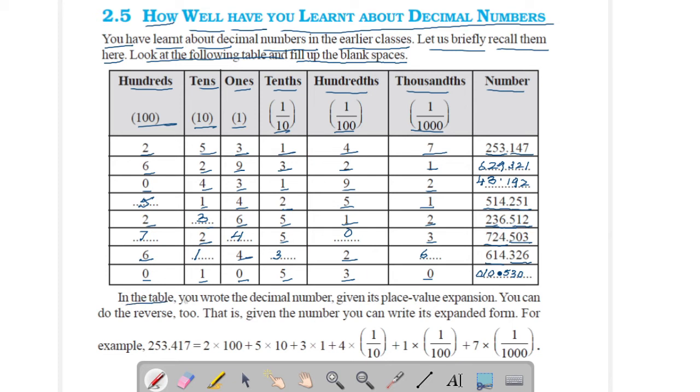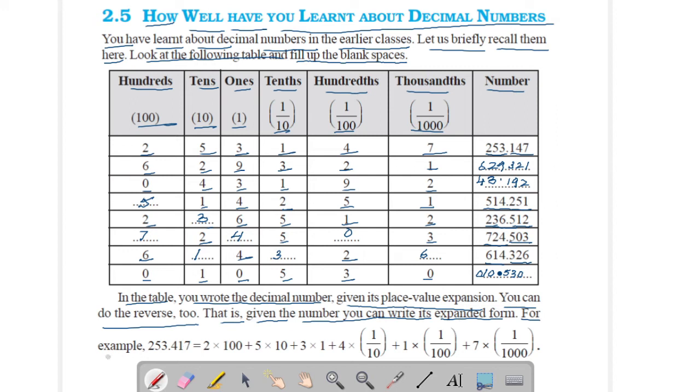In the table, you wrote the decimal numbers given its place value expansion. You can do the reverse too. That is, given the number, you can write its expanded form.